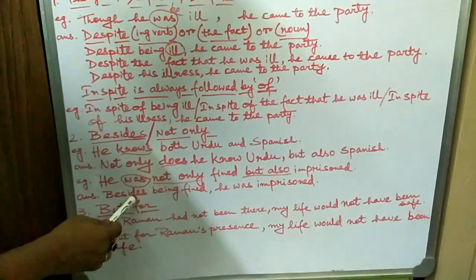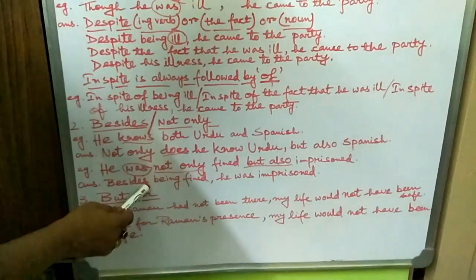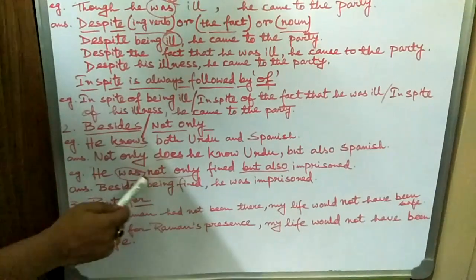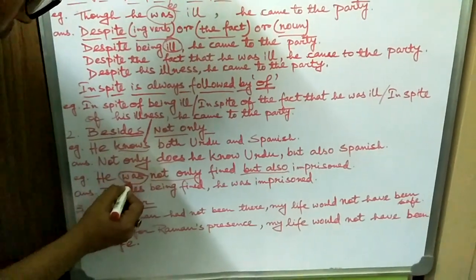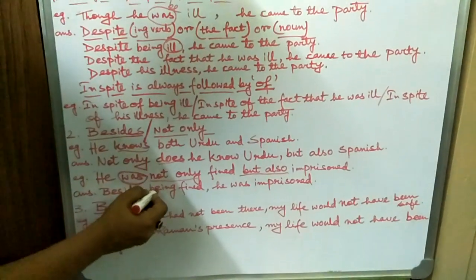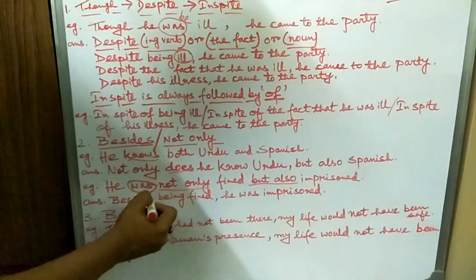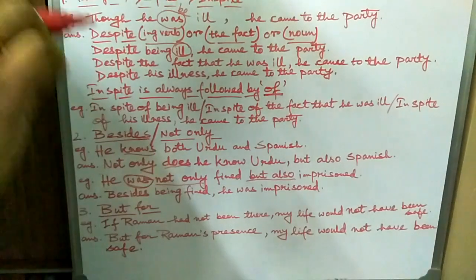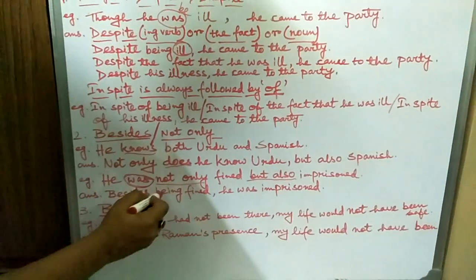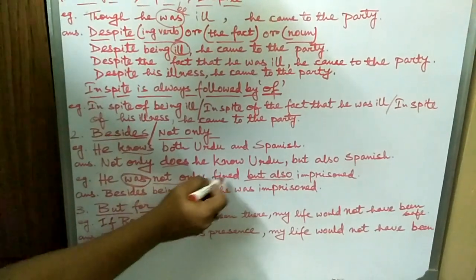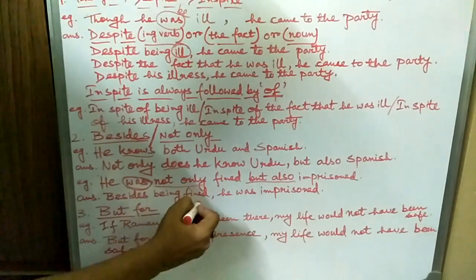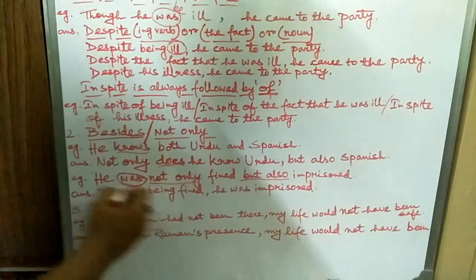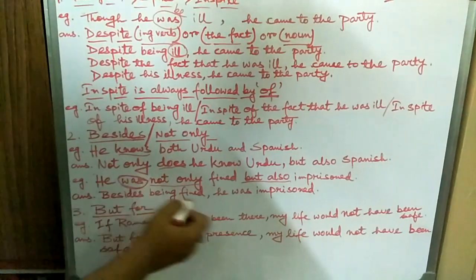So how to use? Begin the sentence with besides, then use the ing form of the given verb. Now, what is the verb given here? Was. Now, was is a be verb, that is why ing form of was will be being. Besides being fined, then remove the not only, then give a comma, then write the subject of the sentence.